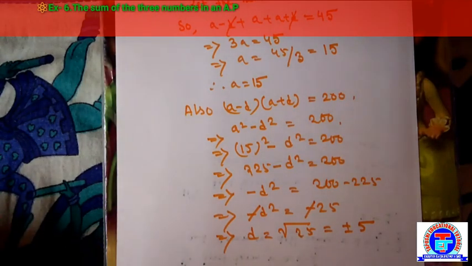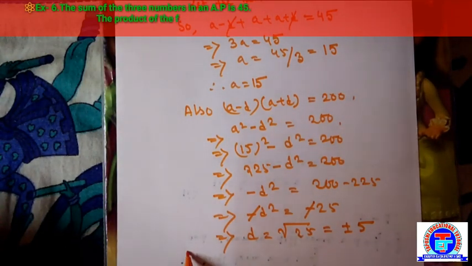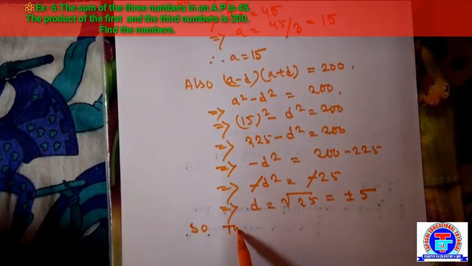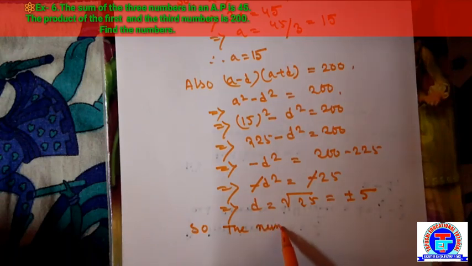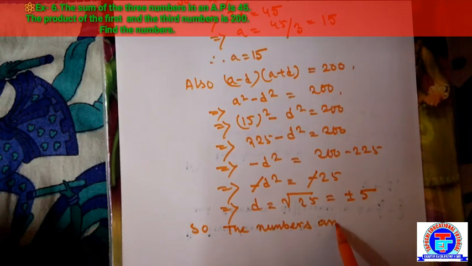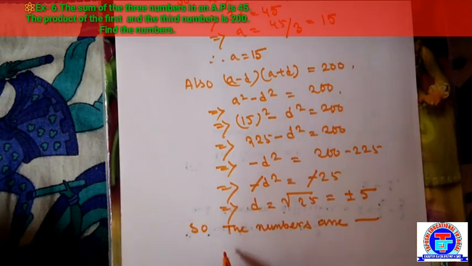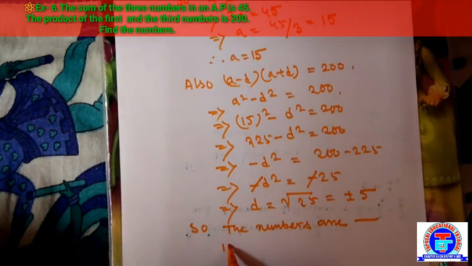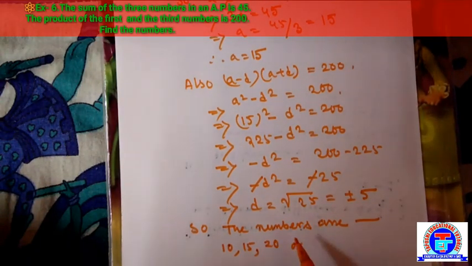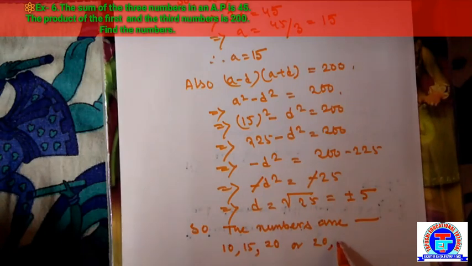So the numbers are 10, 15, 20 or 20, 15, 10.